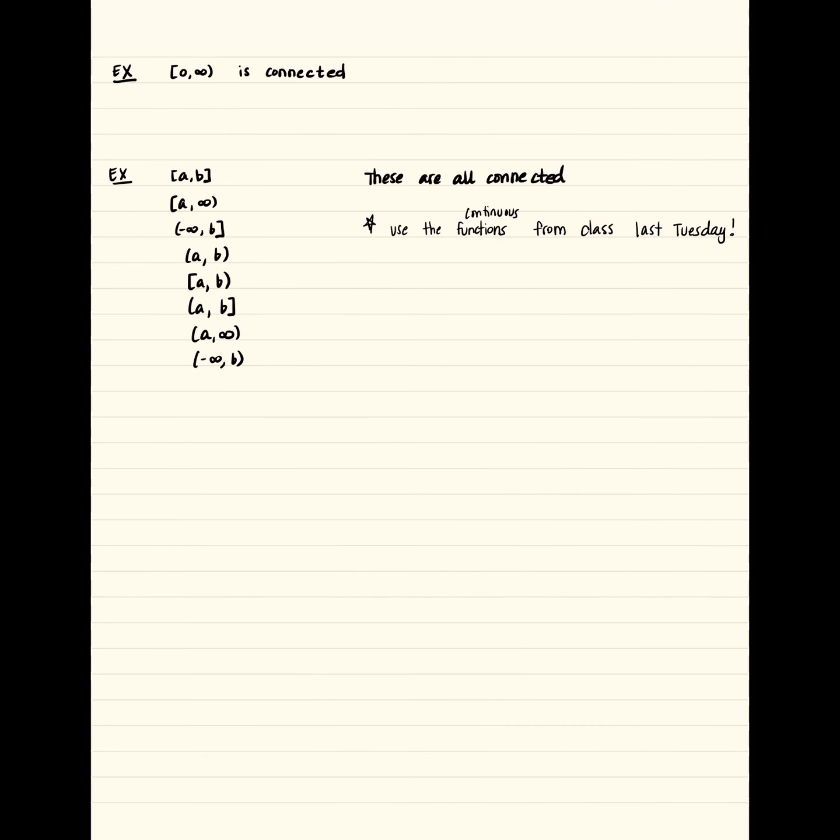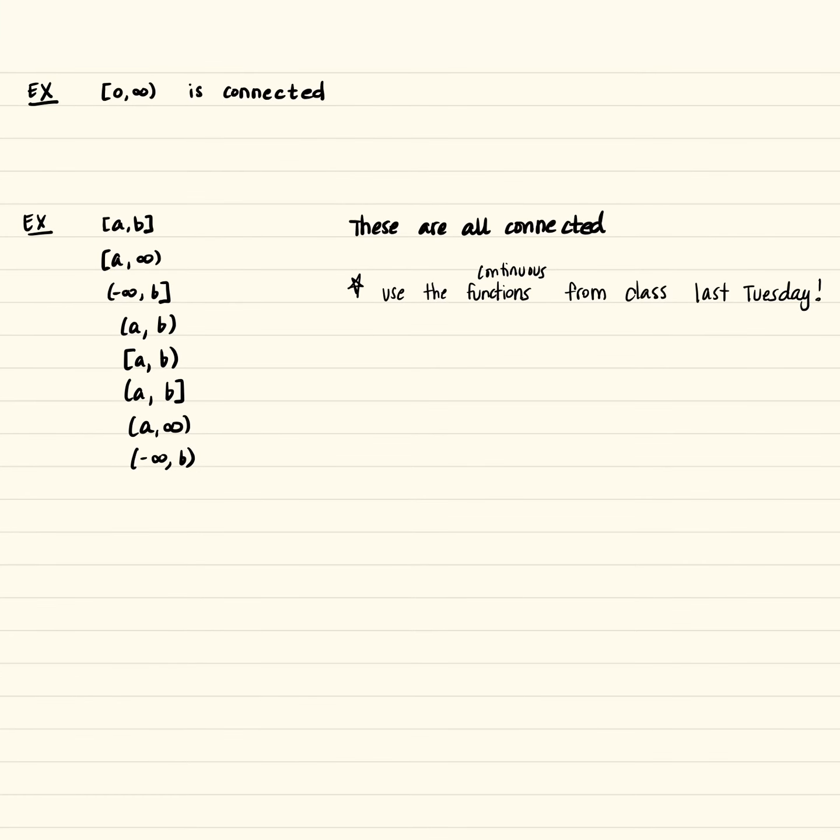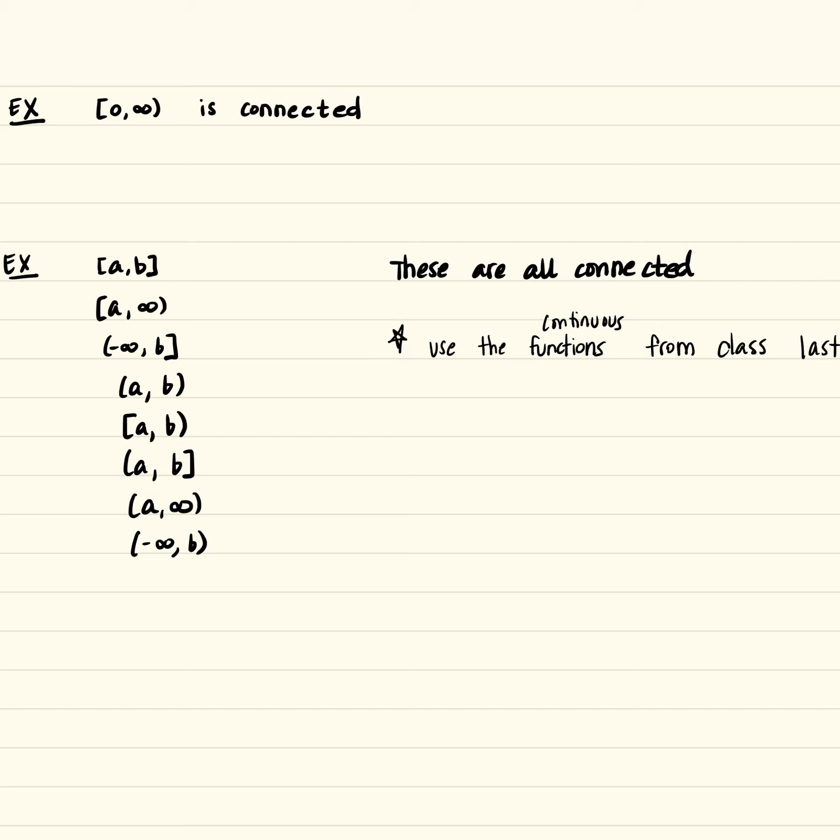And now we can couple these two theorems. The first theorem says that the continuous image of a connected set is connected. The second theorem says that R is connected. We couple these to conclude that 0 to infinity is connected. What's an easy way to do this? Proof.